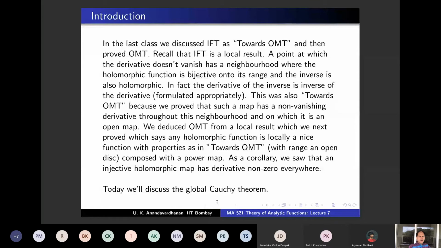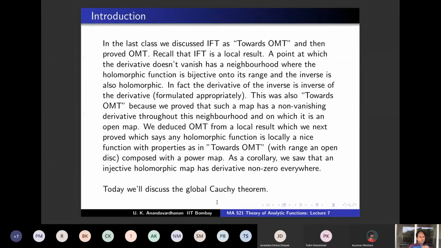So today we will discuss the global Cauchy theorem. Cauchy theorem is basically saying that the integral of a holomorphic function is 0. We have already seen this statement, right? Up to now we have seen statements where we put some restriction on the region or some restriction on the curve.